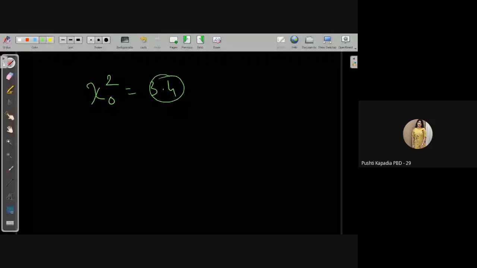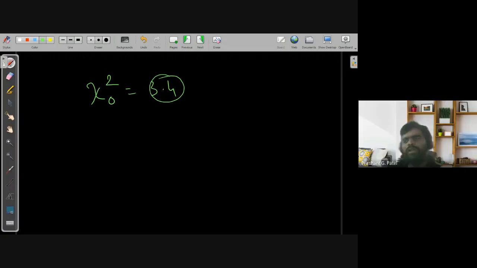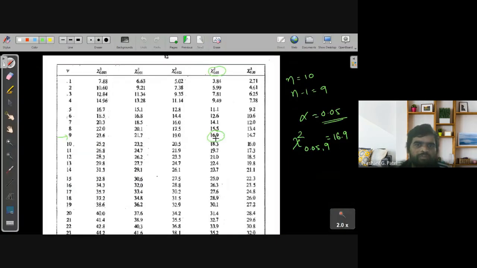Excuse me, sir. Yes. Sir, actually the table value is 16.9190. So can we round it off? The table value is 16.9190. Actually, I have a statistical table. Yeah, it is fine, you can round it off. Whatever data and table I have, it is given as 16.9. This is also a computed value, so it is written here only to one decimal place.